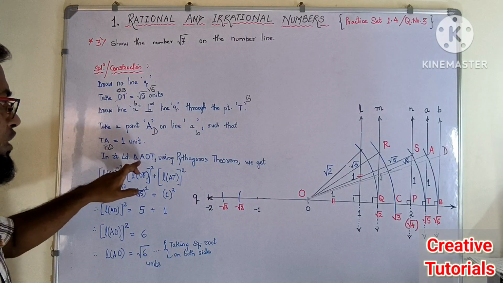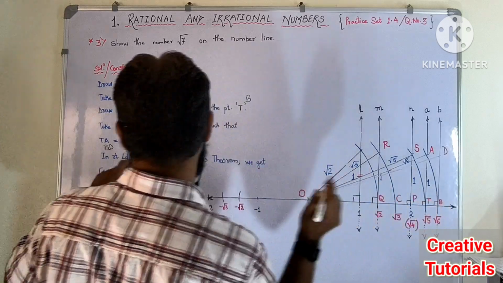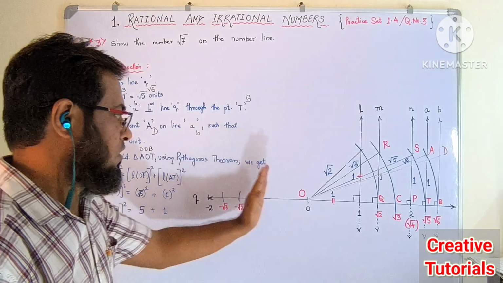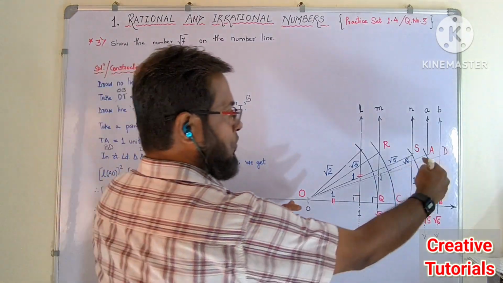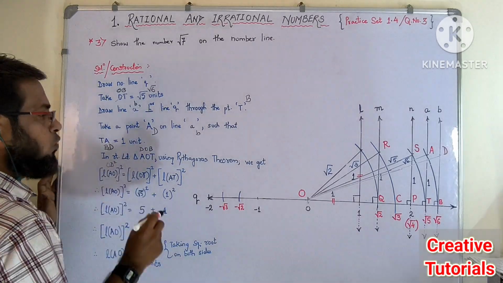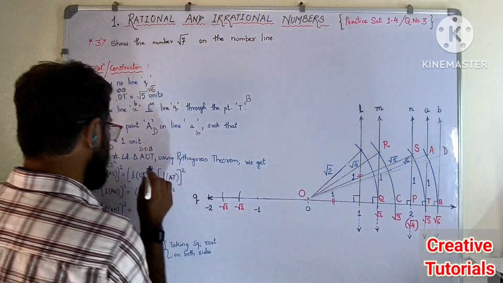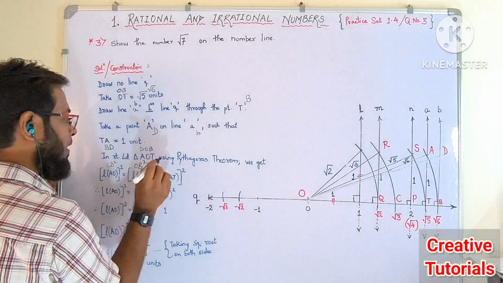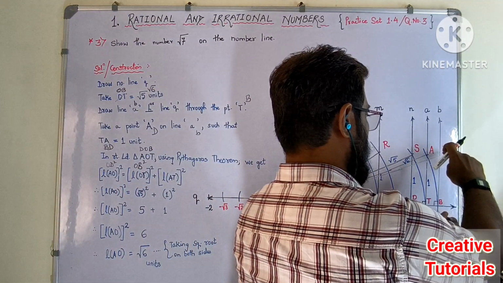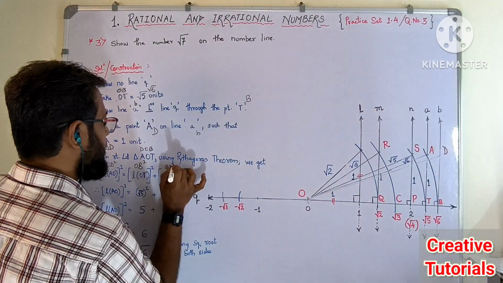Now in right angle triangle AOT, it's not AOT now, it's DOB. Using the Pythagoras theorem, we get what? Our hypotenuse is OD, so OD square is equal to OT square, but now it is OB square, plus AT square, but now it is BD square.